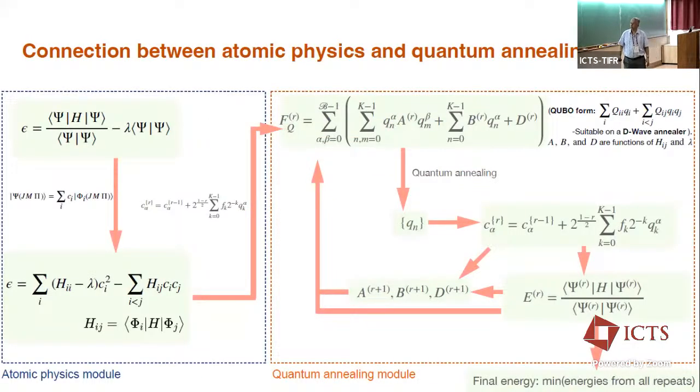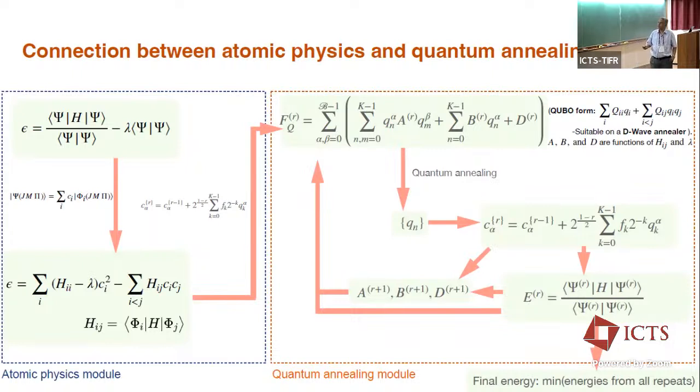All right, now what is the connection between atomic physics and quantum annealing? That means given an atomic problem, can you map it on to a quantum annealer? All right, so let me remind you that this is what we did. We minimized the energy with lambda as the constraint.